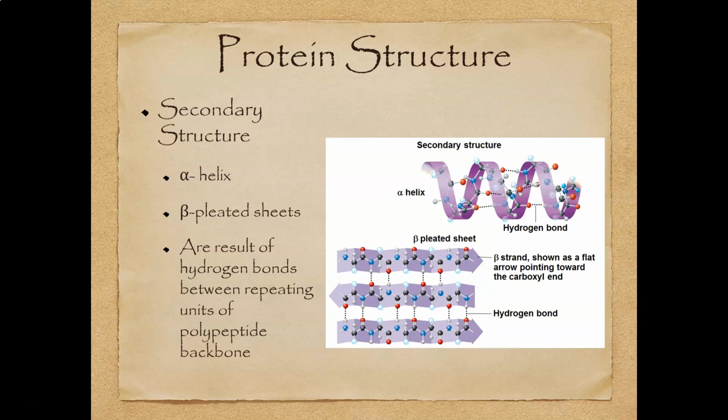So there's a lot of diversity here in this secondary structure. But regardless, if the amino acids are able to do this based on the way that the protein is being put together, they will have one or both of these particular structures as part of that secondary component.